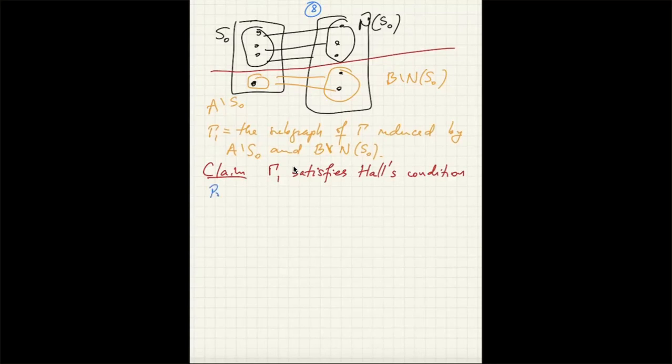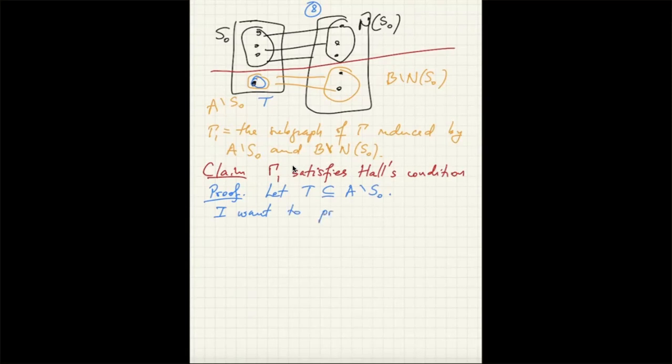So how do I do this? Again, we take a subset, let's call it T. Let T be a subset of A minus S0.